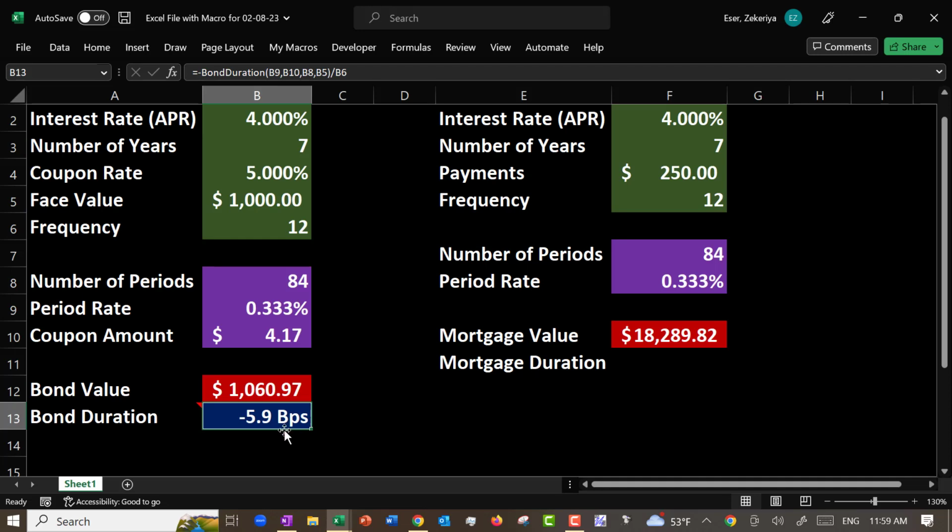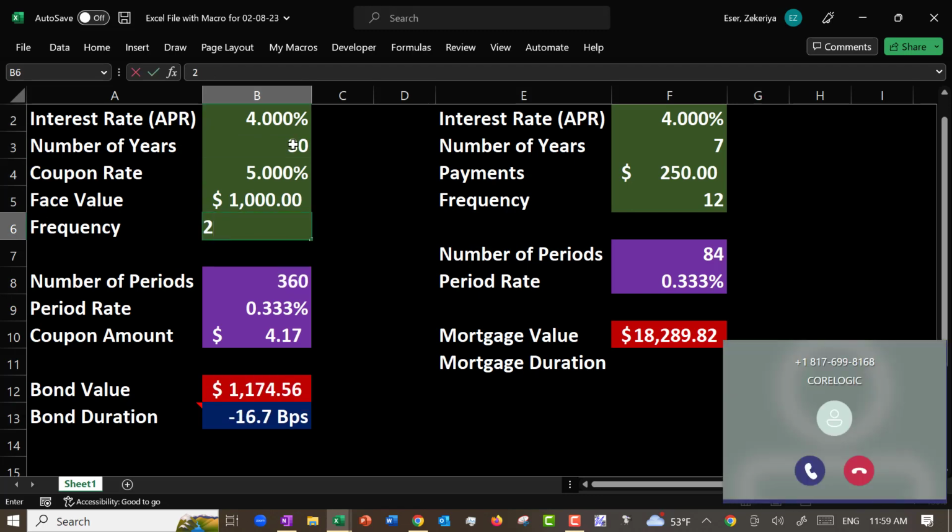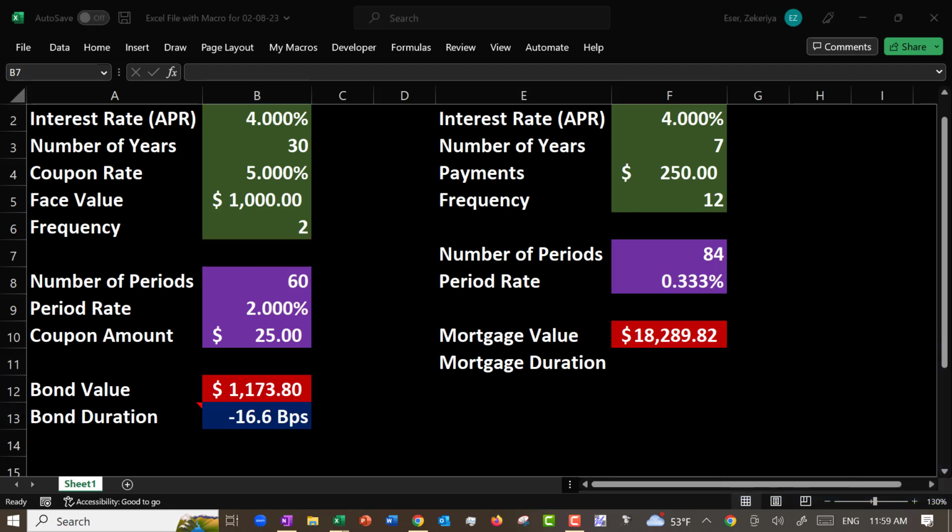So approximately speaking, if this was a 30-year bond with semi-annual coupons, for each basis points move in the interest rate, value of the bond would have gone down by about 16.5 basis points, or 0.16%.